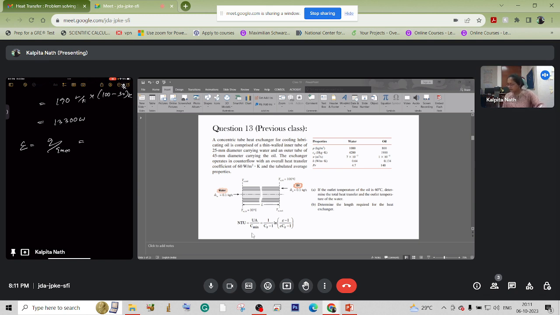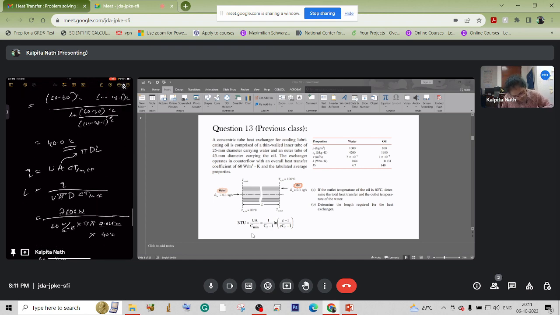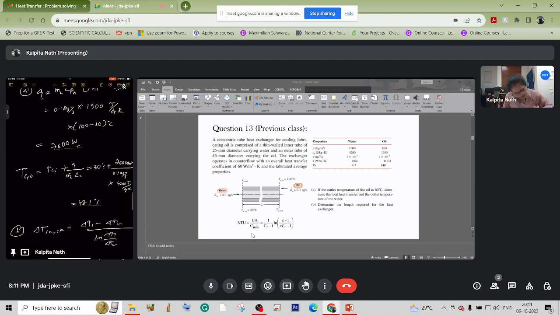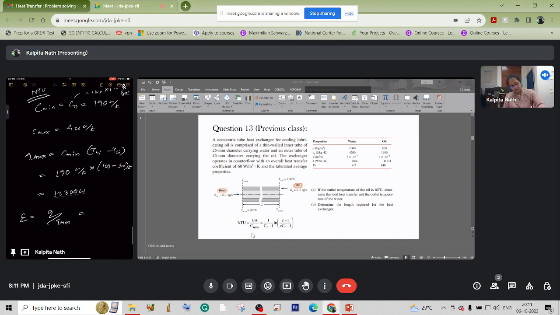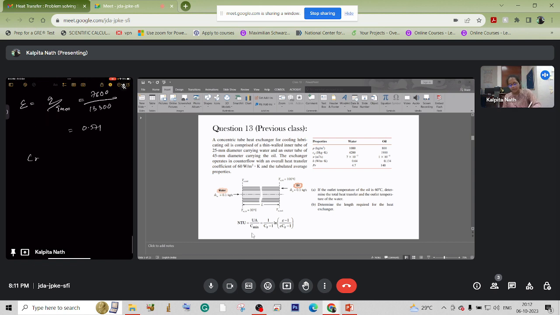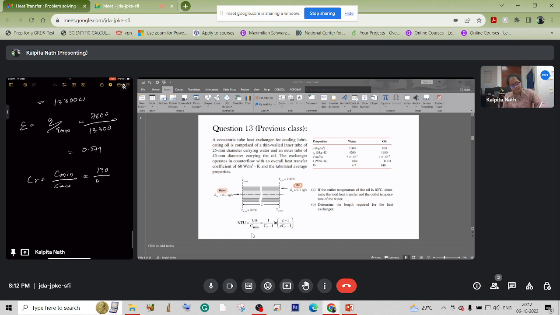The actual heat came out to be 7600 watt. So this is 7600 upon 13300, which comes out to be 0.571, right? Now the heat capacity ratio is C minimum upon C maximum, that is 190 upon 420. So this will come out to be 0.452.